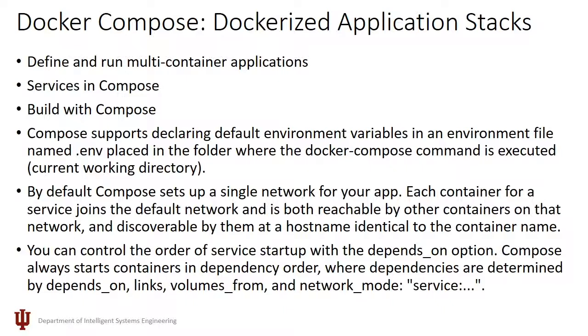Each container for a service joins the default network and is both reachable by other containers on that network and discoverable by them at a host name identical to the container name, but you can specify the container name via command line. You can control the order of the service startup, which depends on the option, and Compose always starts containers in the dependency order, where the dependencies are determined by depends_on, links, volumes_from, and network_mode.